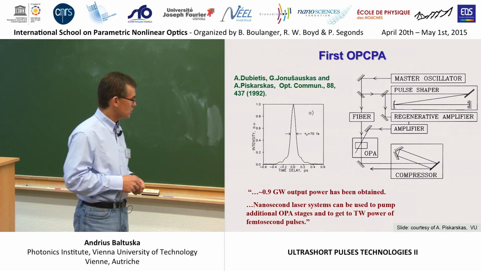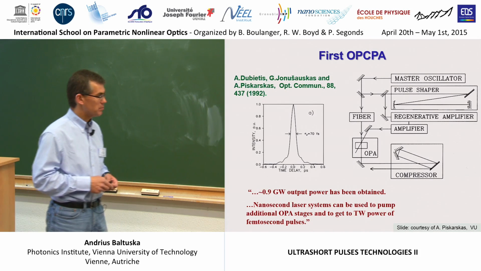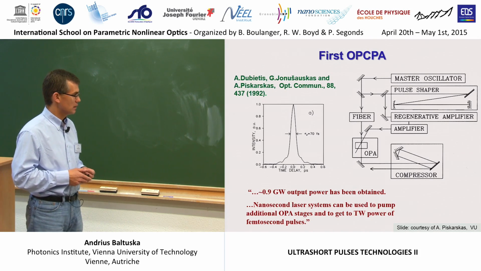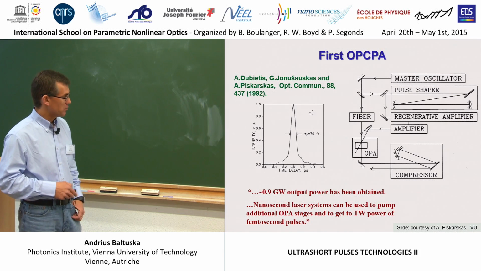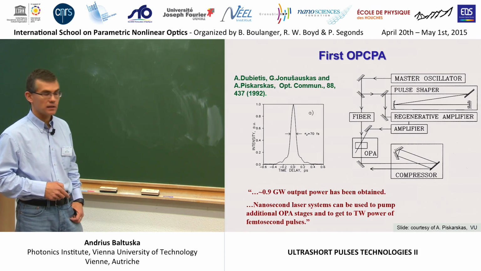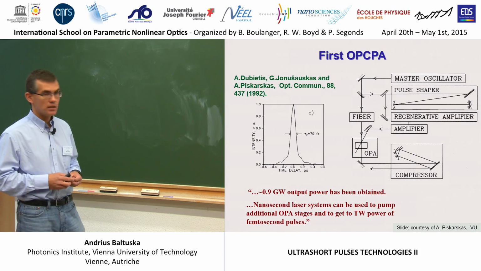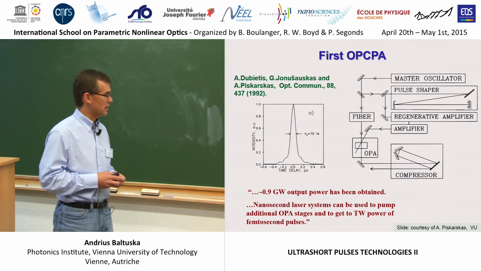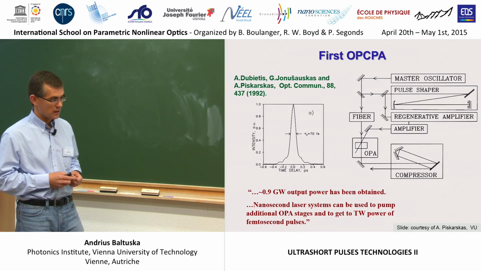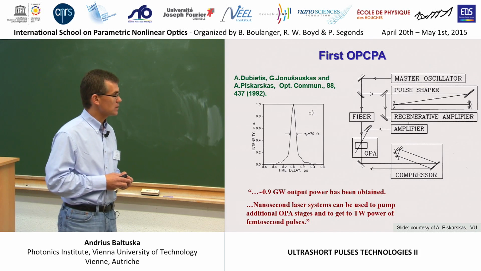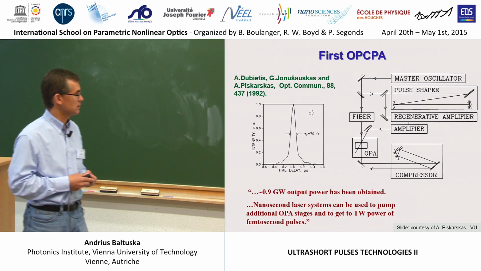What this paper said, it gave a complete roadmap to how the area could develop. So they achieved really modest peak powers below 1 gigawatt, but they predicted, they prophesied that by employing existing nanosecond laser systems, you can go to terawatt peak powers, and later people even constructed petawatt systems.